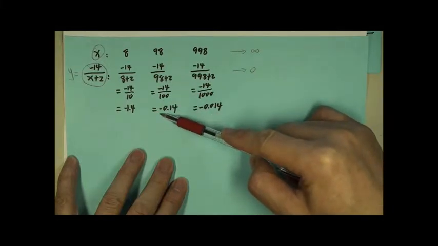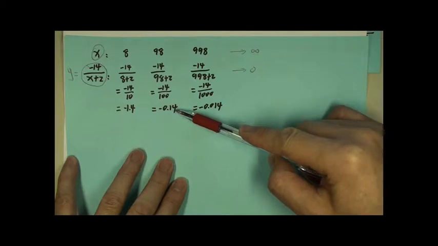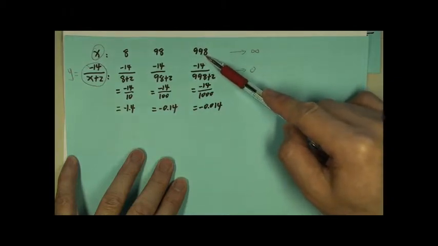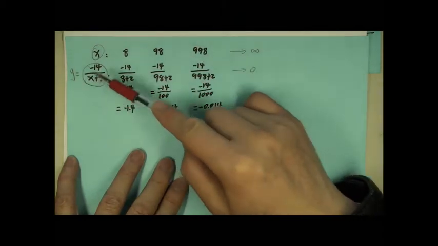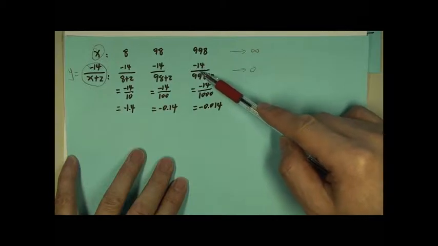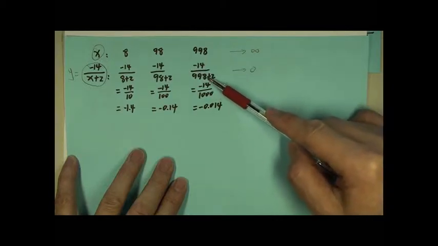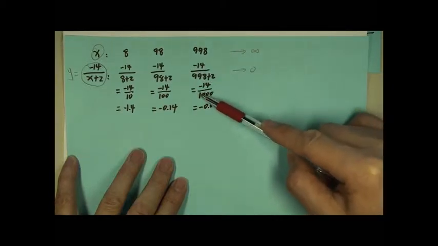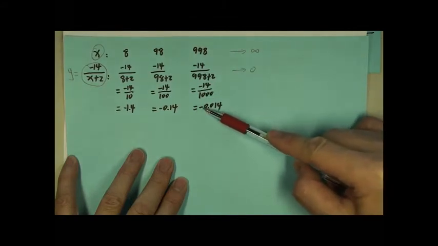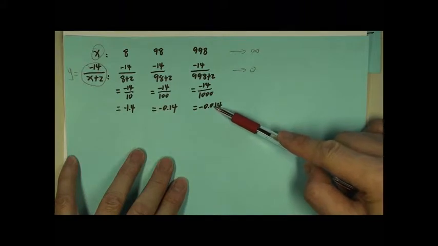You will end up with negative 0.14. If x is 998, you plug in, you have negative 14 over 998 plus 2, which is negative 14 over 1000, which is negative 0.014.